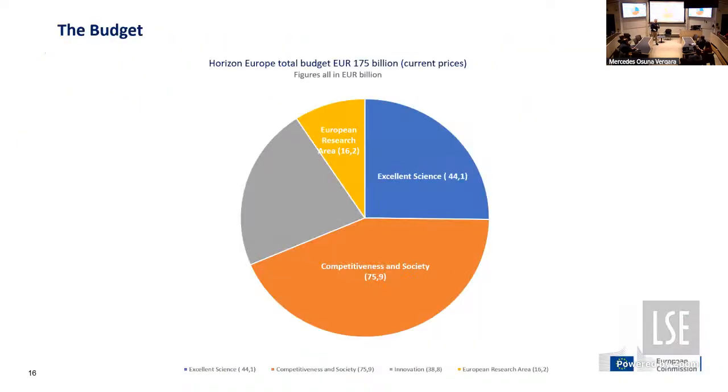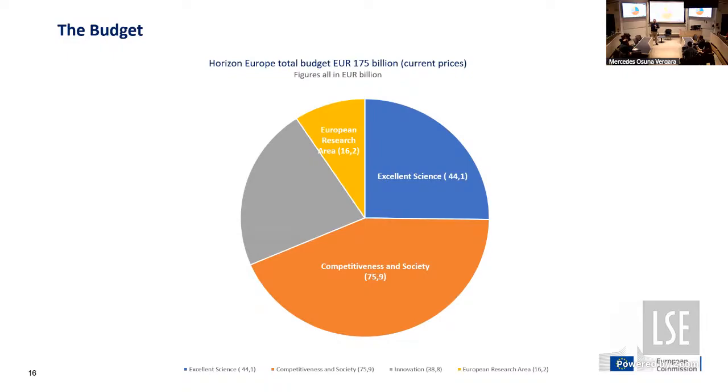And as I was saying, 175 billion in terms of the proposal, where a big chunk will be devoted to what we call basic research, so excellence, curiosity-driven research, about 40% is related to this collaborative research also with industry that can be scaled up later on, and about 25% as well for supporting companies that have breakthrough innovations to start up in the market, but also to scale up their activities in Europe.